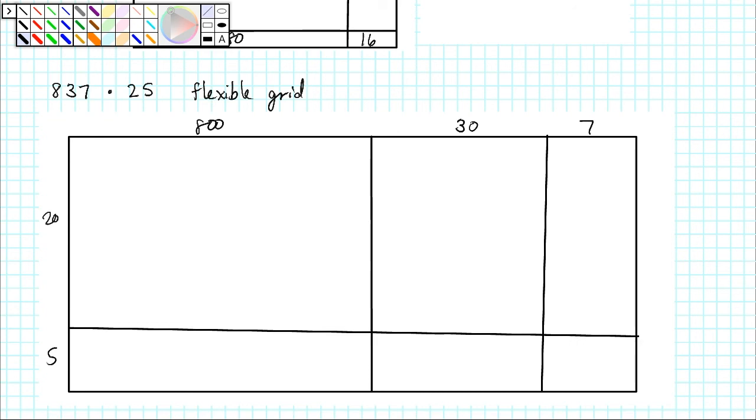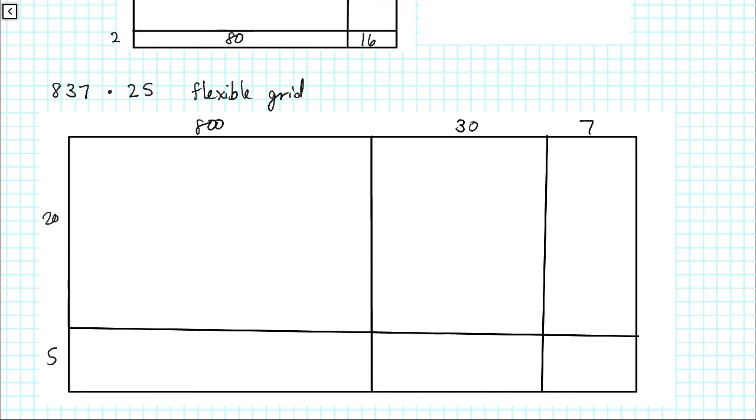And now I can see all of my individual products. 800 times 20, well, this is the same as 8 times 2 times, the 20 is 2 times 10, and the 800 is 8 times 100. So I can actually group those things together. So this is 16 here, and this is 1,000. So it's 16,000.